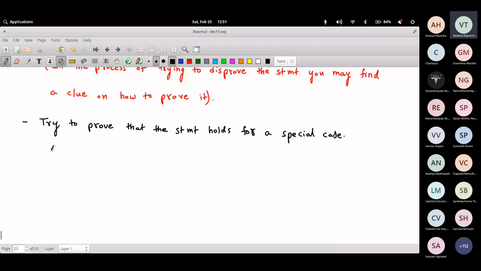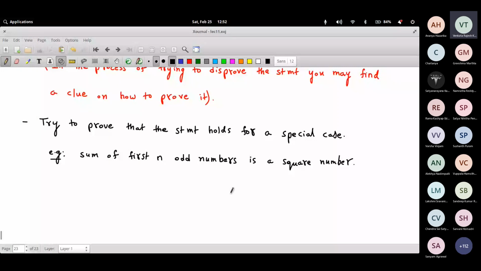So for instance, we can take a statement like the sum of the first n odd numbers is a square number.